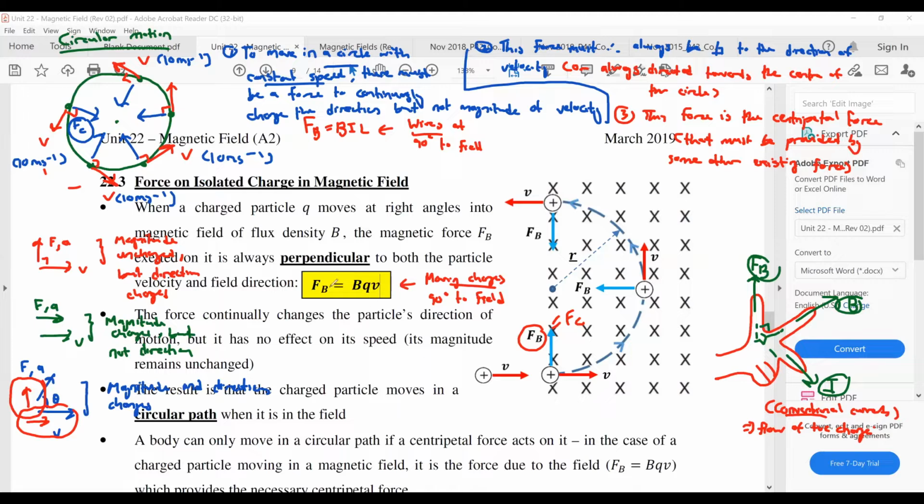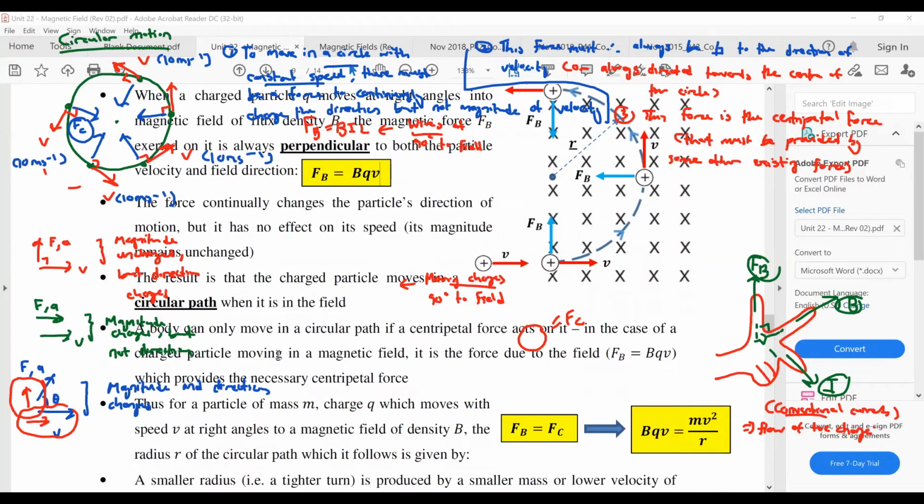Because your charge is moving in a circle right now, you have centripetal force, and centripetal force must be provided by some other existing force. The force that is providing you that centripetal force is actually your magnetic force.